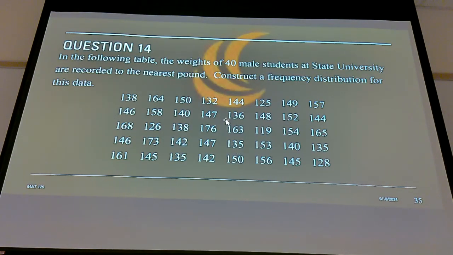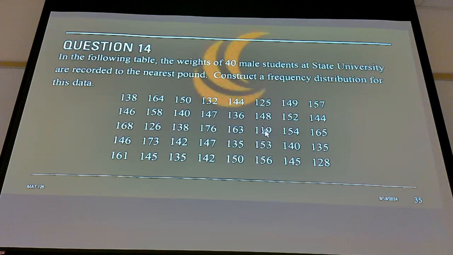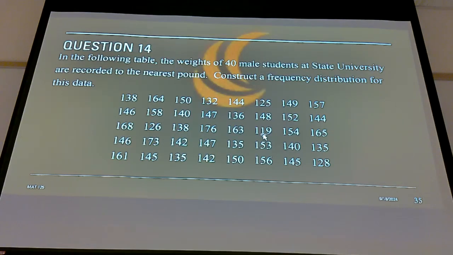So what was the smallest data point here again? 119, wasn't it? Yeah. And what was the largest? 176. Yeah, 176.